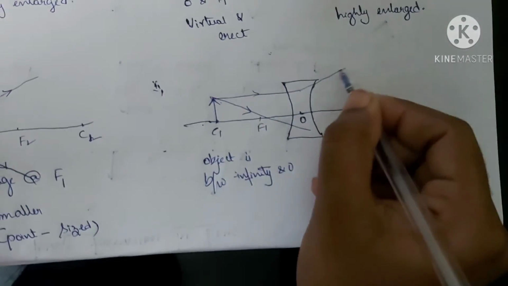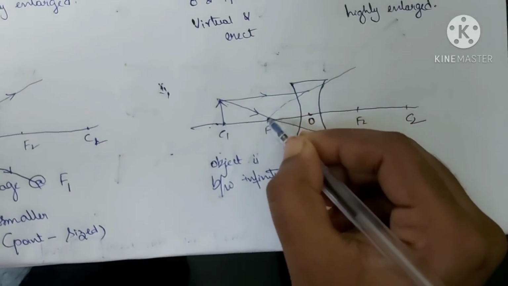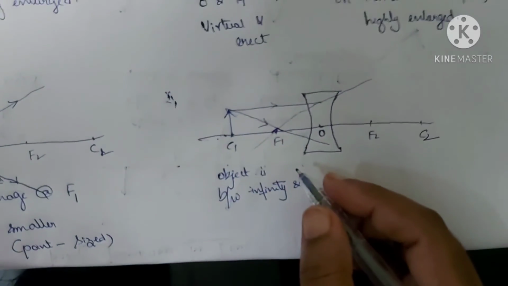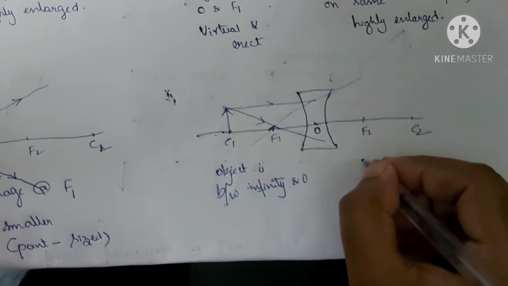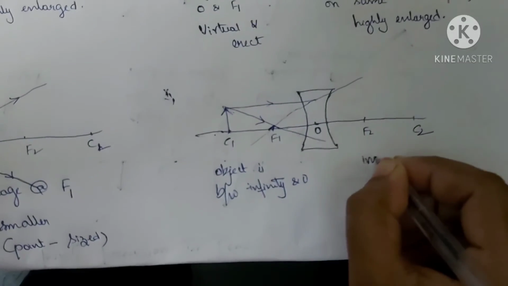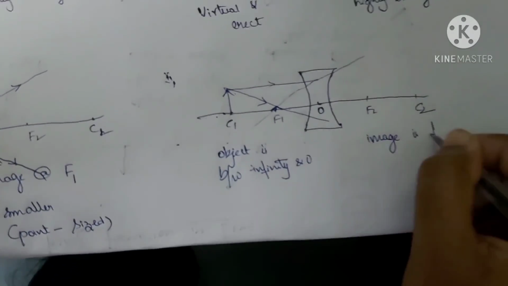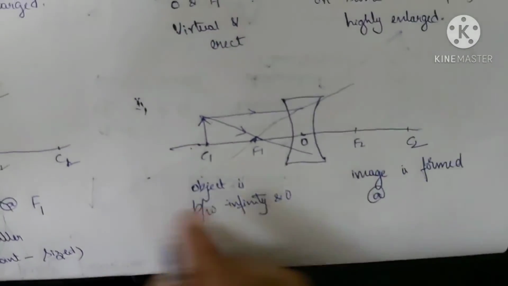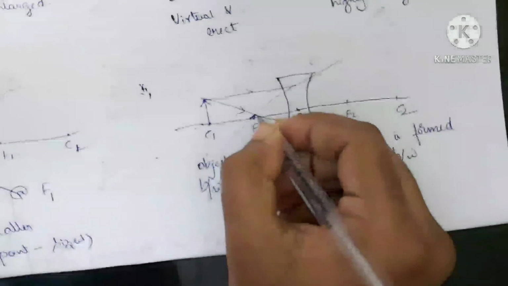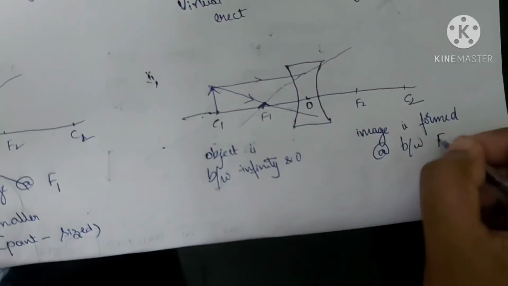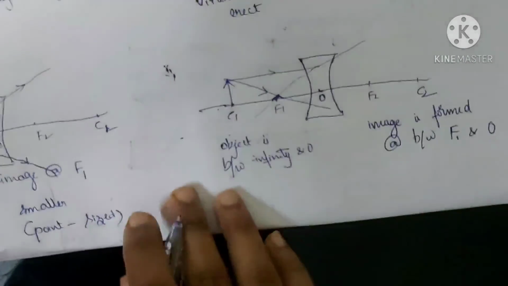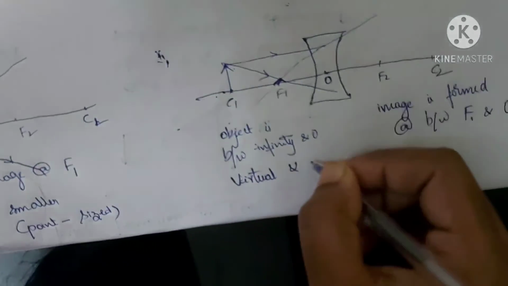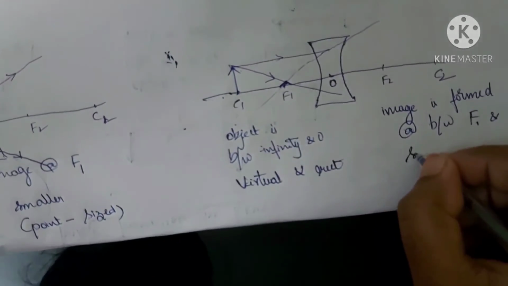This ray will get diverged in such a way that it appears to meet at the focus. So the image is formed at a point between the focus and the optical center. And what will be the nature? Virtual and erect, smaller in size.